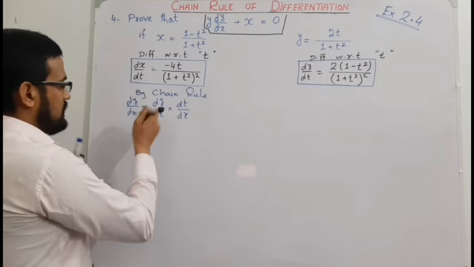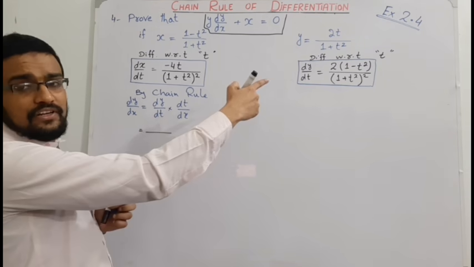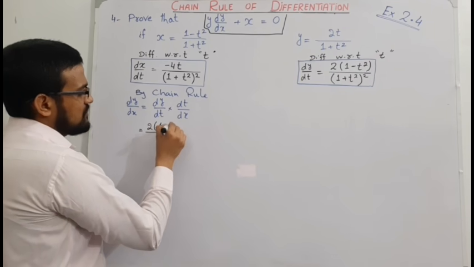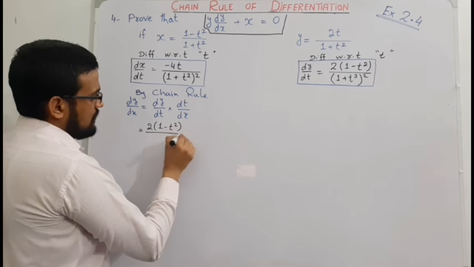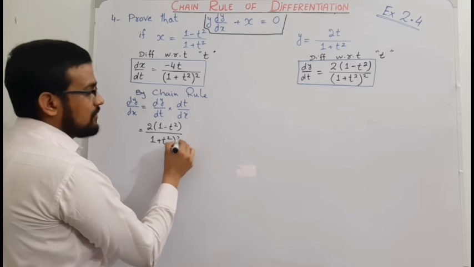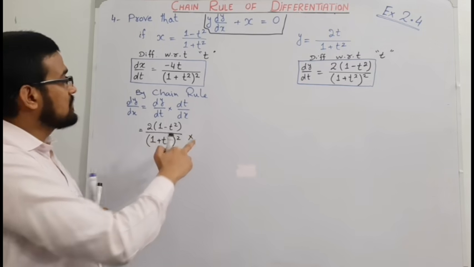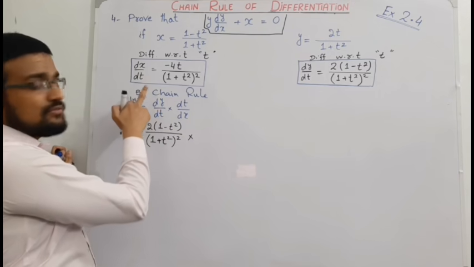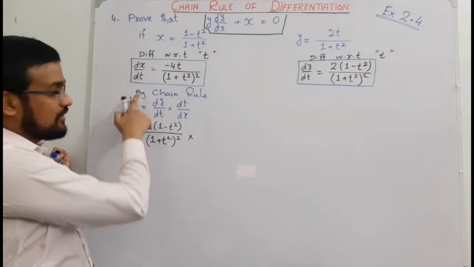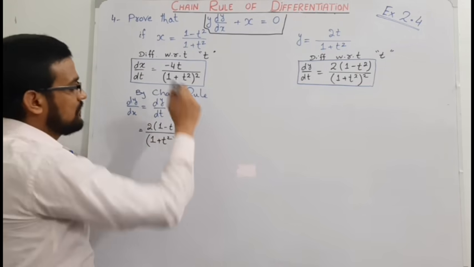Okay, put the values. Dy over dt, this one: 2 times 1 minus t square over 1 plus t square whole square, multiply dt over dx. Here again, students, be careful, dx over dt is given, but here we require dt over dx, so we need the reciprocal.